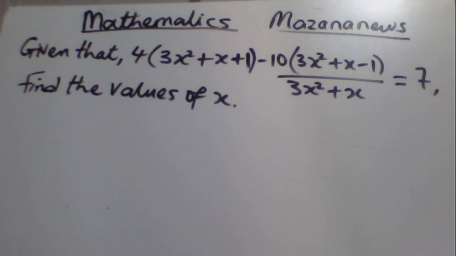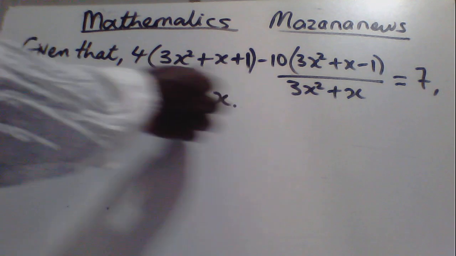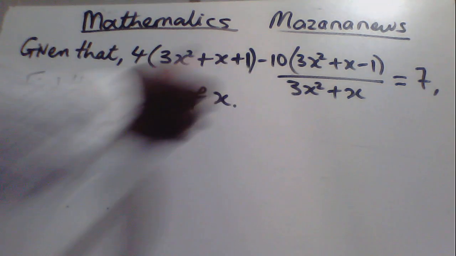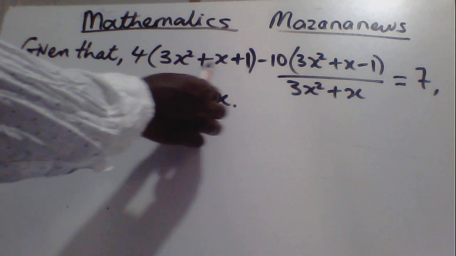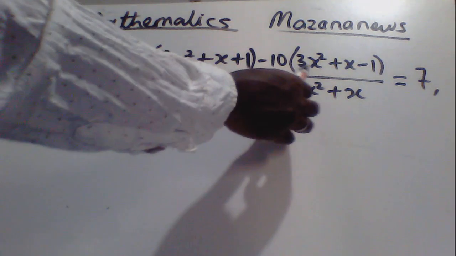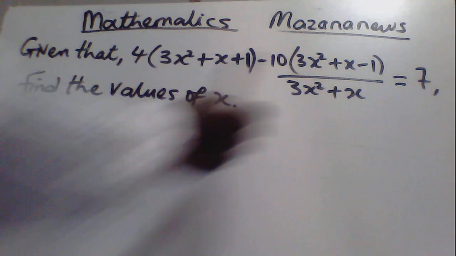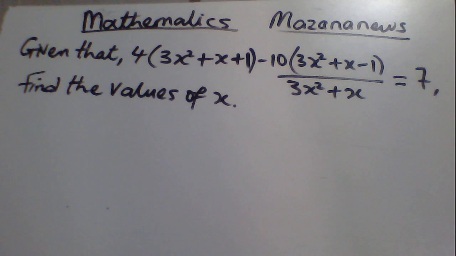For this type of equation, you first have to see how the equation looks and notice that there are common terms between the given expressions. Here there is 3x squared plus x, and here also we have 3x squared plus x.